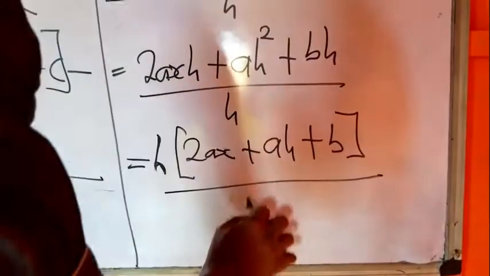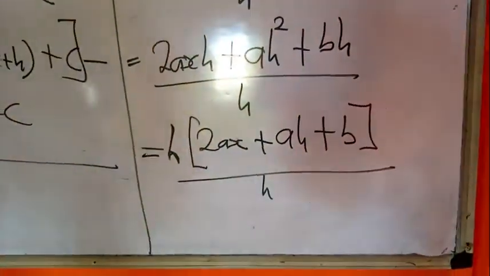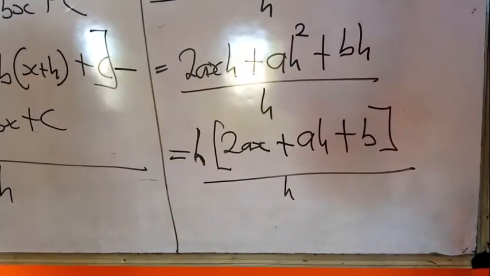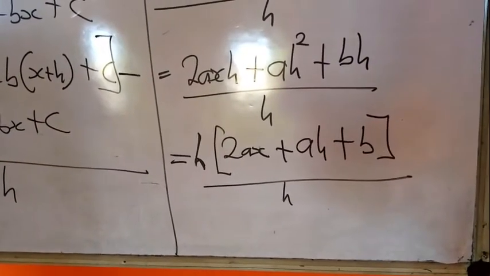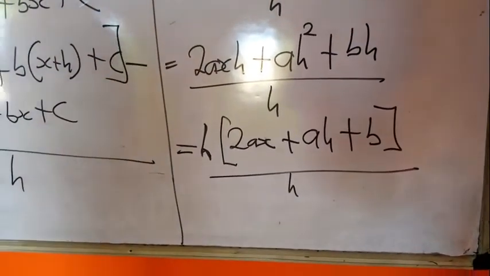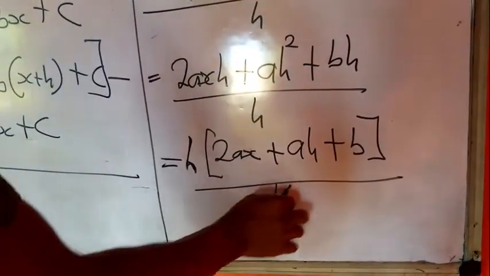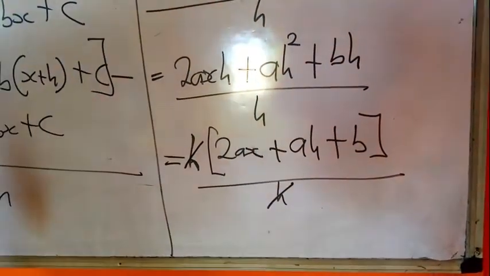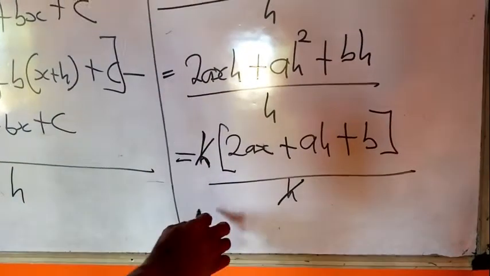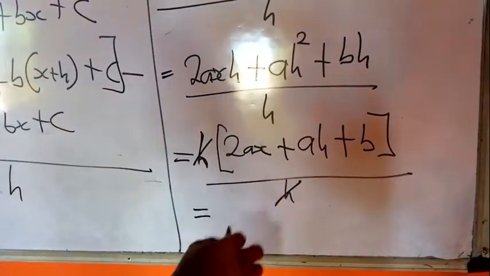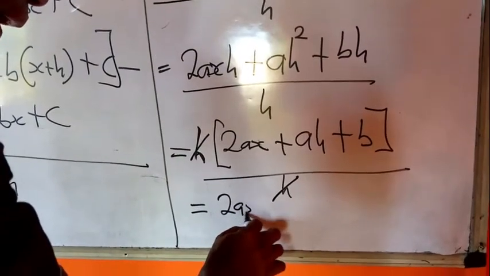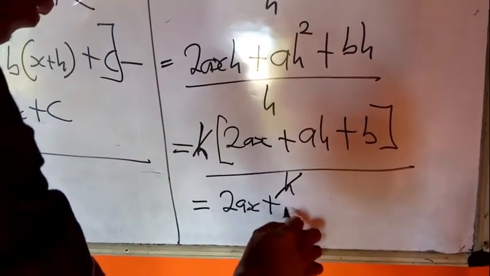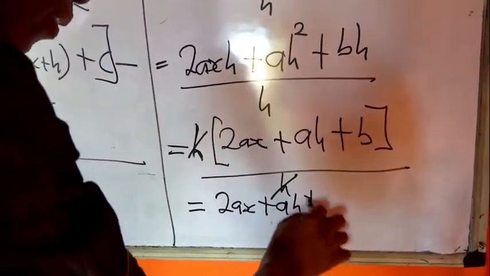So you now have h into 2ax plus ah plus b. Now, your h can cancel out. So what do you have? If your h cancels out, you are going to have 2ax plus ah plus b.